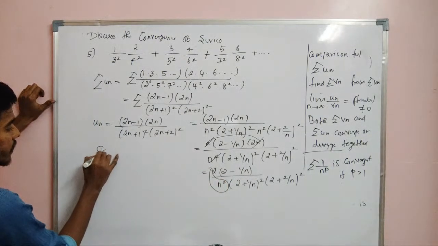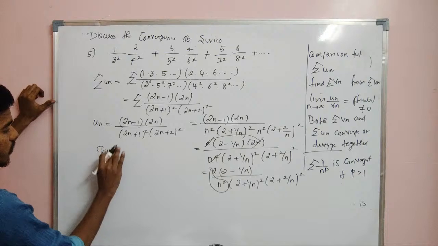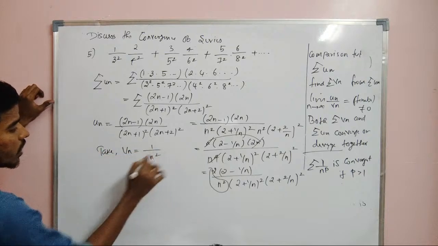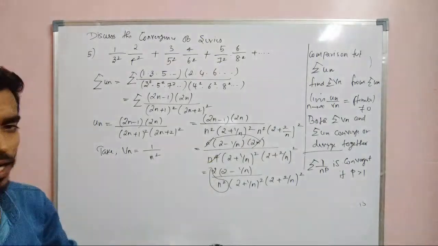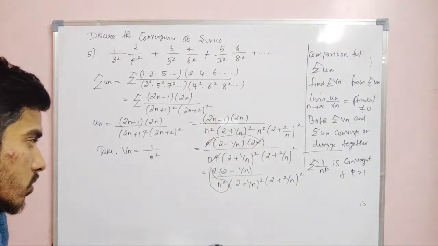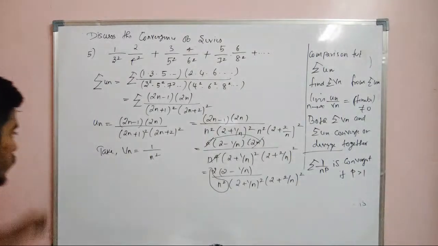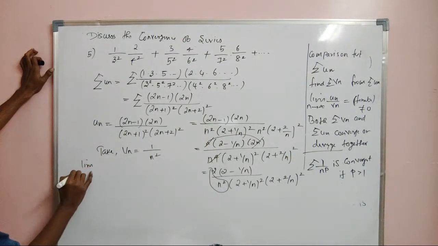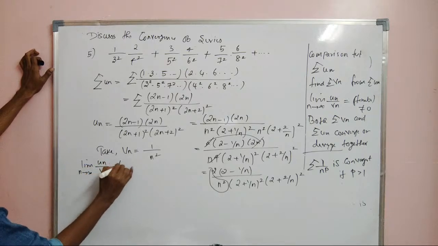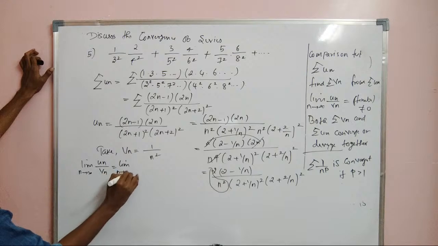So take bn equal to 1 by n square. You always choose bn in the format 1 by n power p. So here I have taken bn to be equal to 1 by n square. Now you find the limit as n tends to infinity of un by bn. So this is nothing but the limit as n tends to infinity.